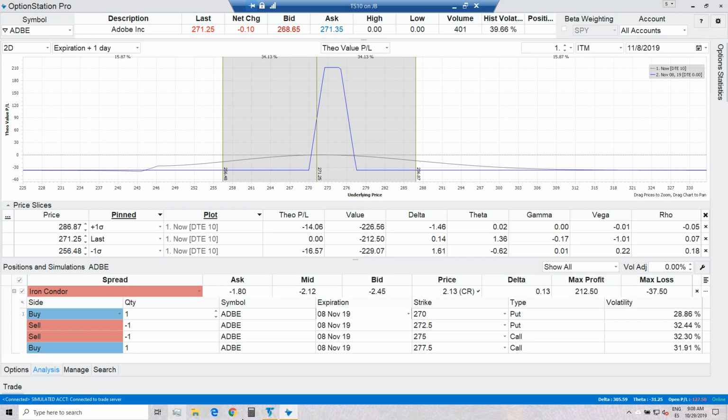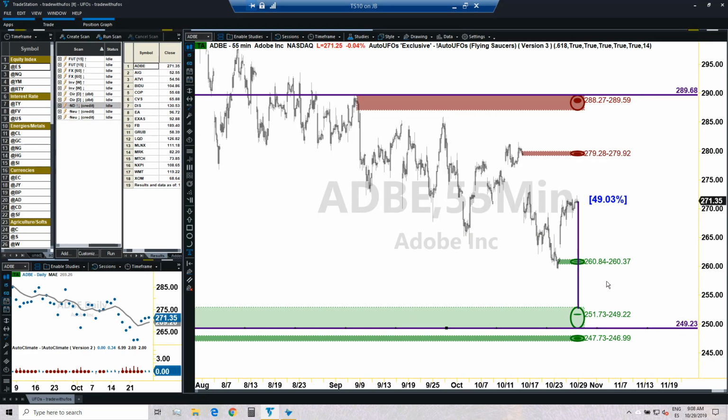So what does that mean? It means that we have just found a range of price with 2 UFOs above, 2 UFOs below. Those UFOs are statistically far enough from the current price, so we are possibly going to survive the risk of price movement during those dates, from now until November 8th. And if price was to move either too aggressively up or down, we got UFOs to defend ourselves.